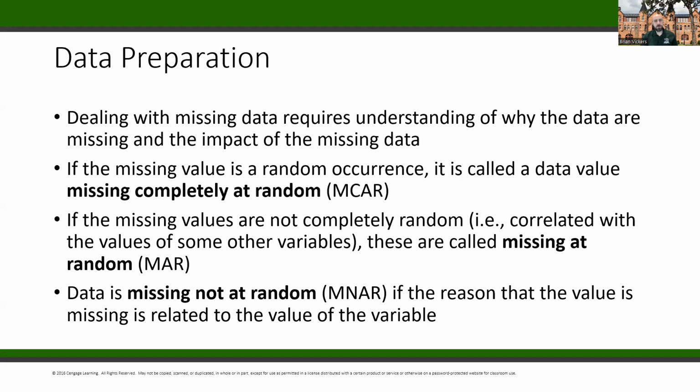The probability of missing varies for reasons unknown to us. So it's not random, but maybe the scale we're using to weigh something has worn down to the point where it can't detect certain values. That's not random. There's some reason that it's happened. Maybe we don't know exactly why, but it's not exactly random.